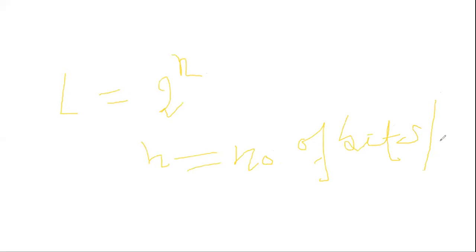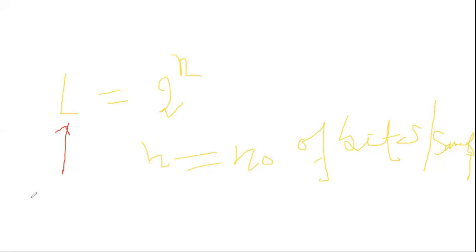So number of bits per sample, and this is your n. Okay, what is L? L is the number of quantization level. Sometimes it may be written as Q, sometimes it may be written as L. So don't worry about that.